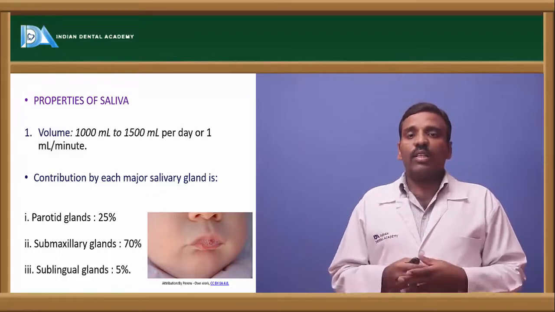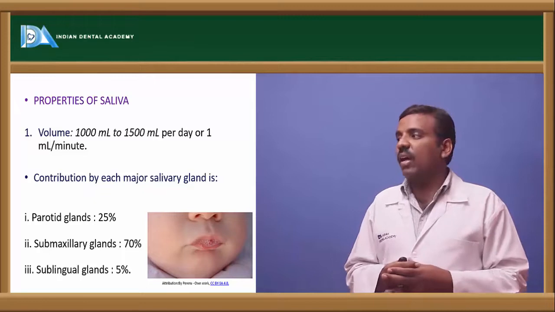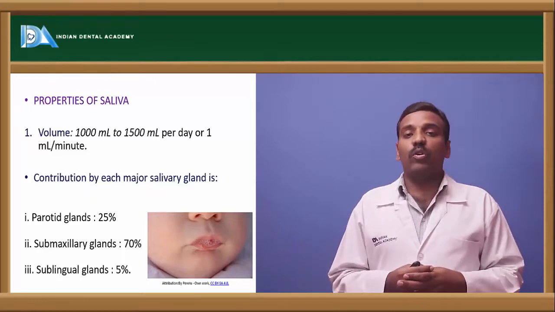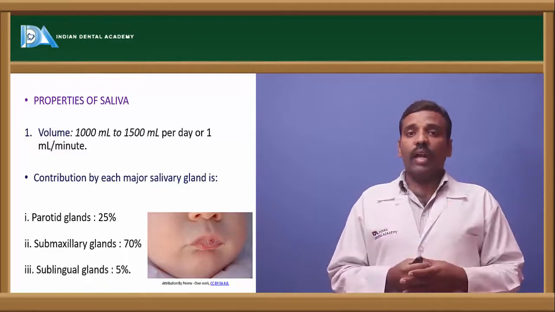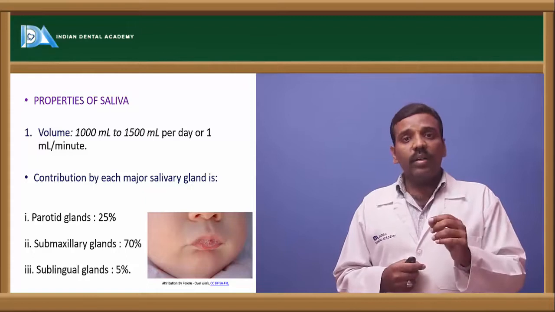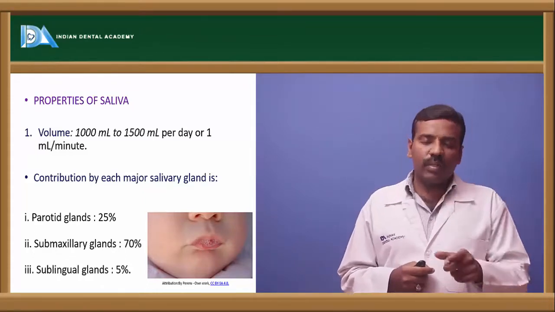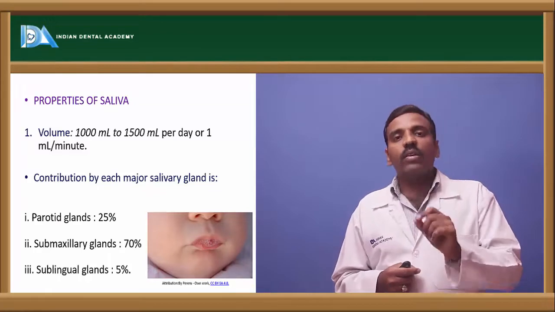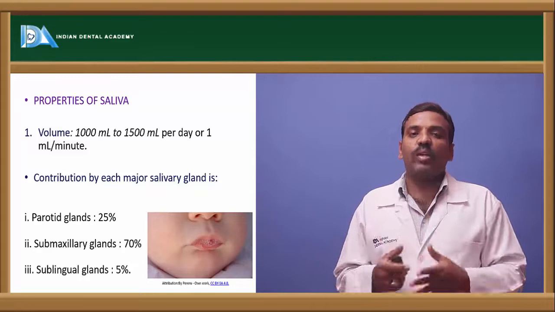The parotid gland contributes about 25% of the saliva, the submaxillary gland about 70%, and the sublingual gland about 5% of the saliva.